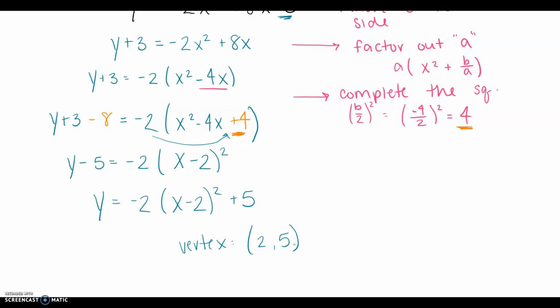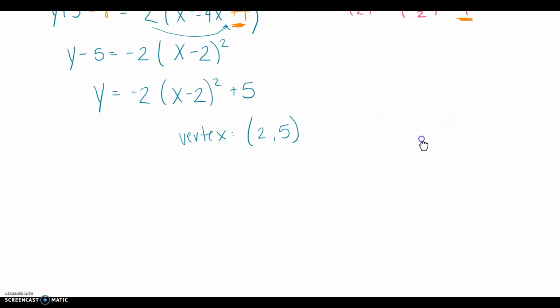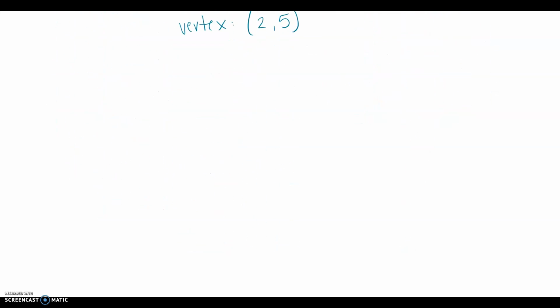So let's do one more example, and this one will be a solving problem. So we want to solve for x if our equation is negative 3x squared plus 12x minus 25 equals 0. And if it equals y, we would just start by setting it equal to 0.